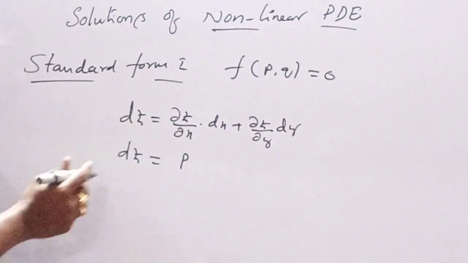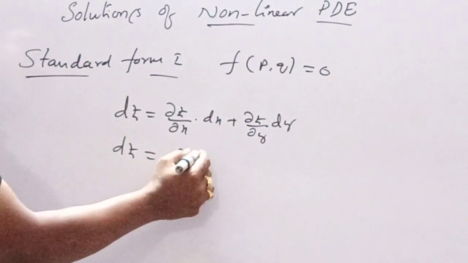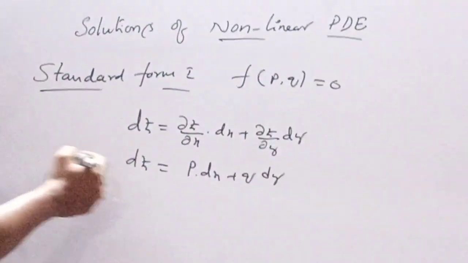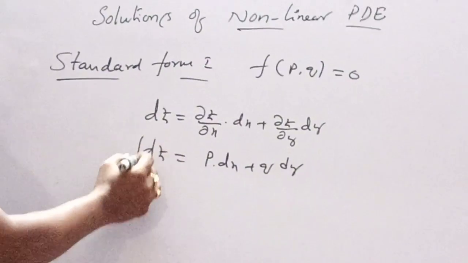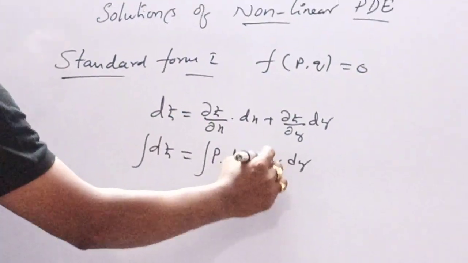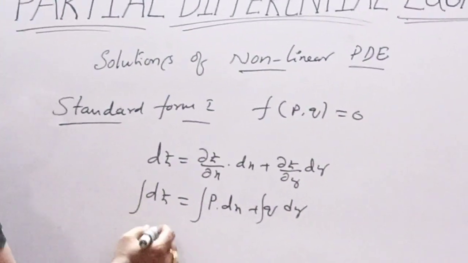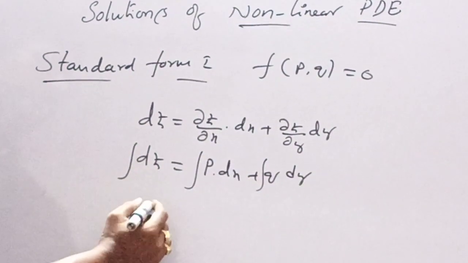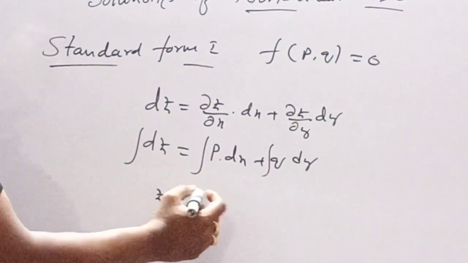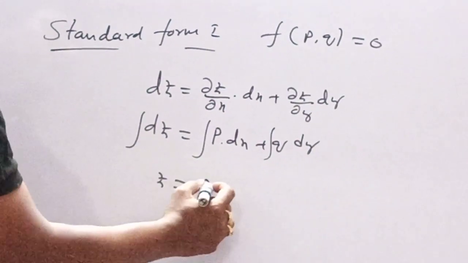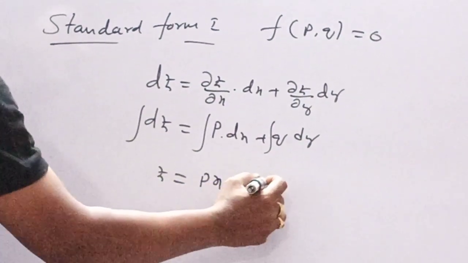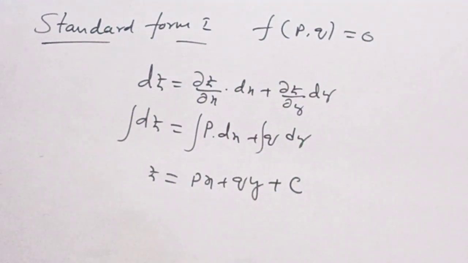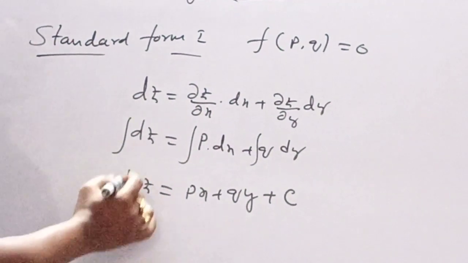By integrating on both sides, z = px + qy + c, where c is some constant. Here you observe this is the general solution.